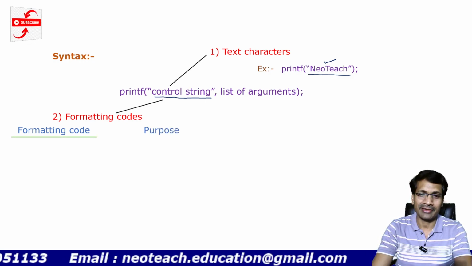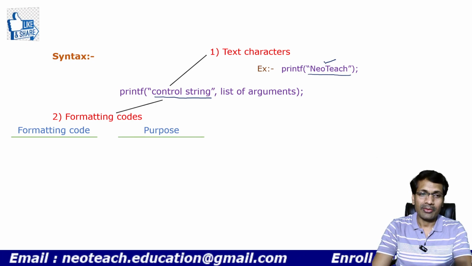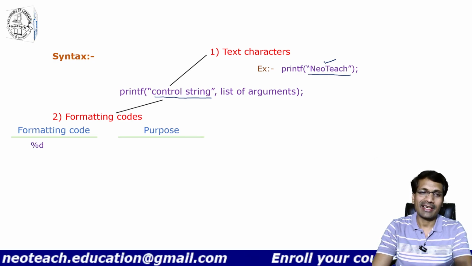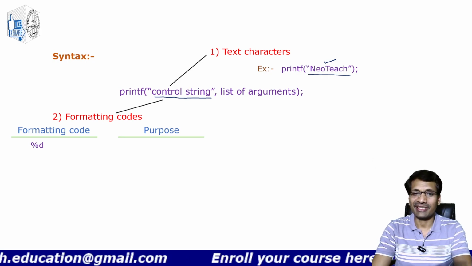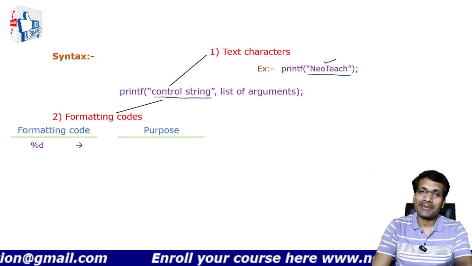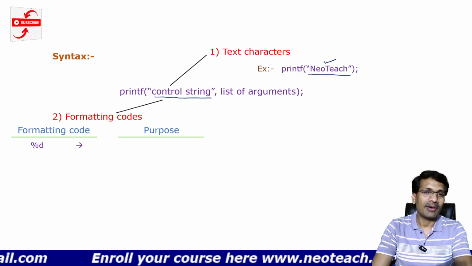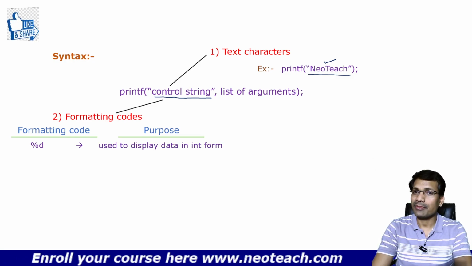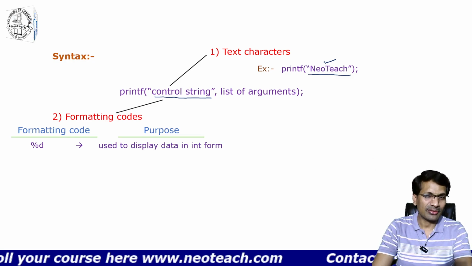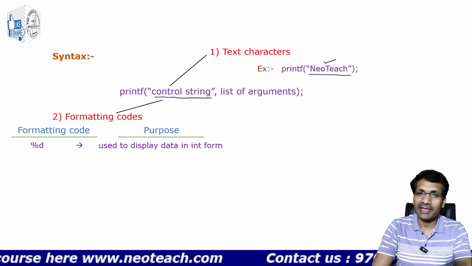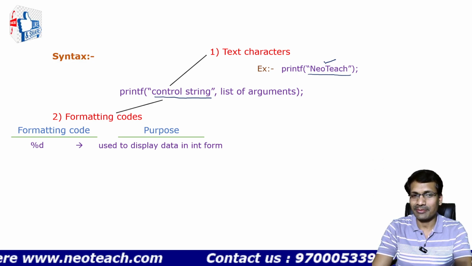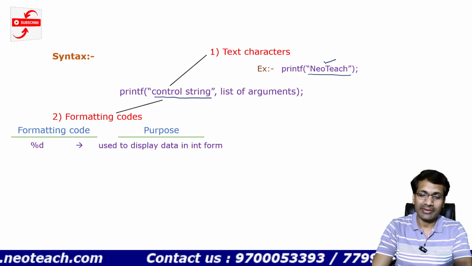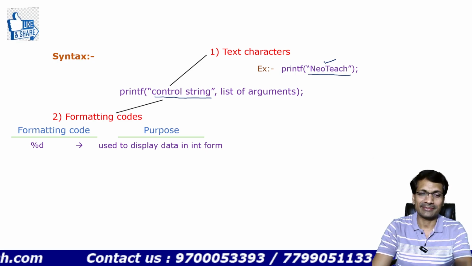Simply, the first one is %d. What is %d? %d is used to display content in the form of an integer. If you want to work with integers, meaning numeric data, and print them on the monitor as numeric values, we go for %d.